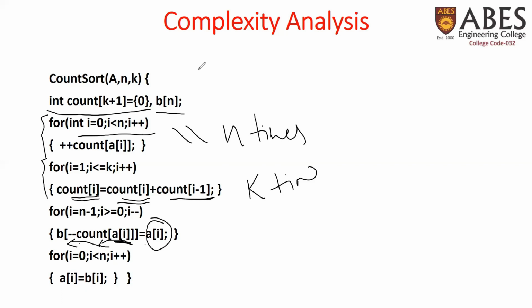This is what we are doing in the question part. Again, this loop will get executed n times. And again, we are executing this loop by accessing each and every value of B to A.